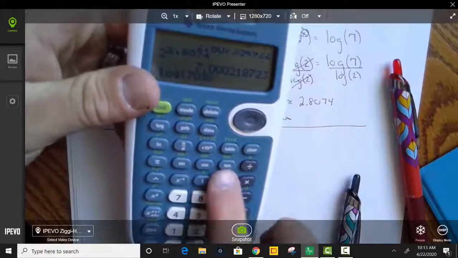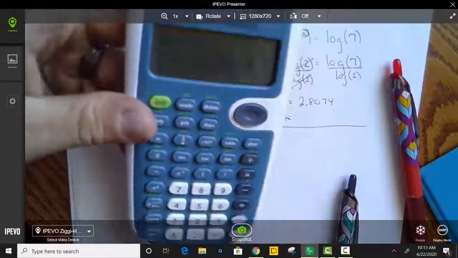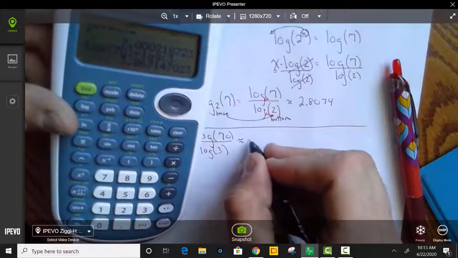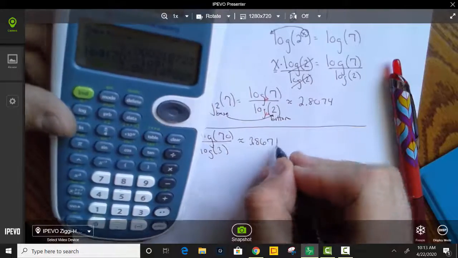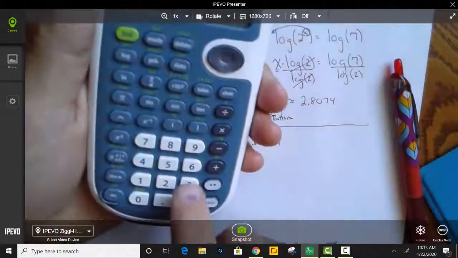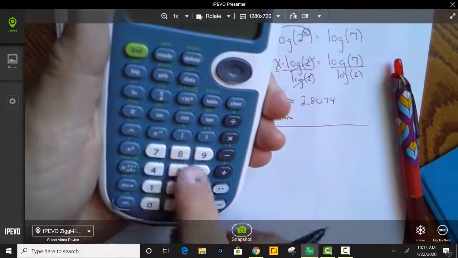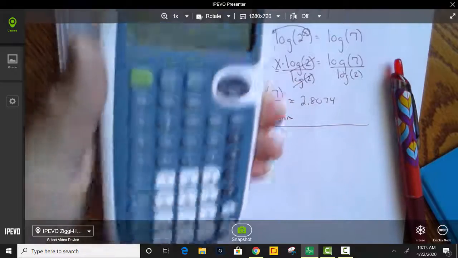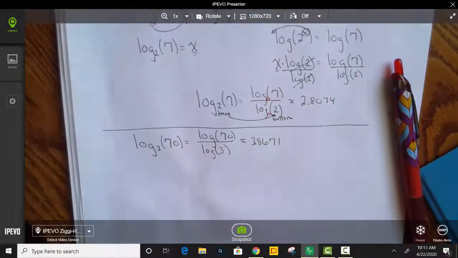If I type in log of 70 divided by log of 3, we get approximately 3.8671. And once again we can check that. 3.8671 should give us approximately 70, which it does.